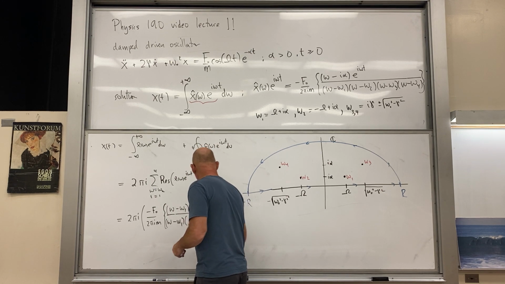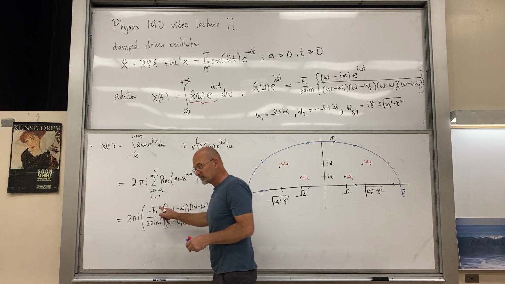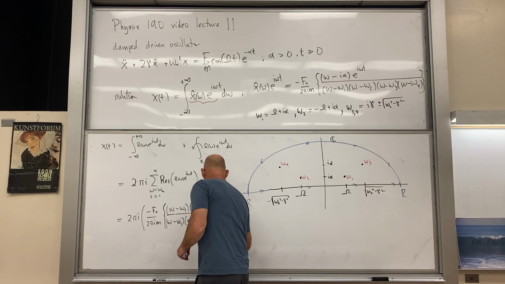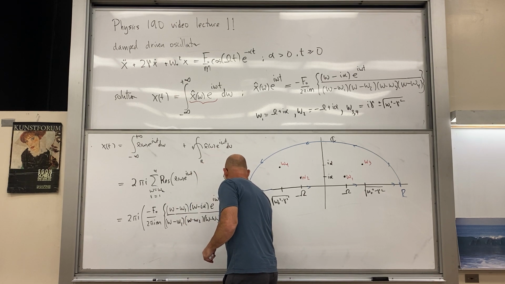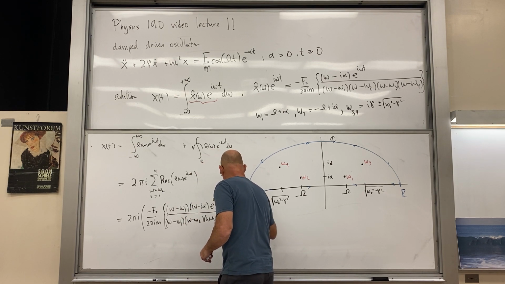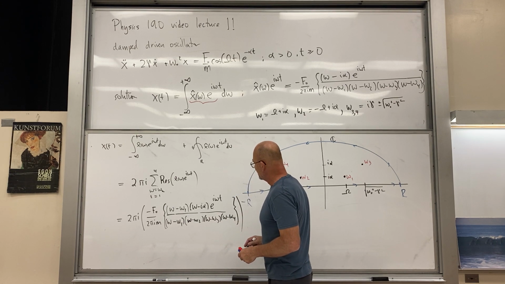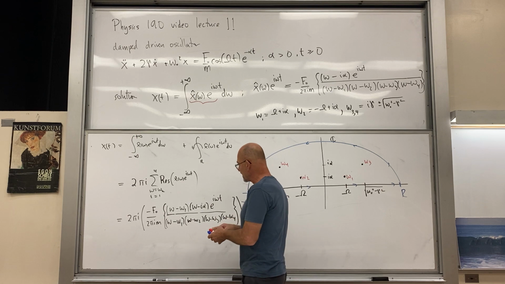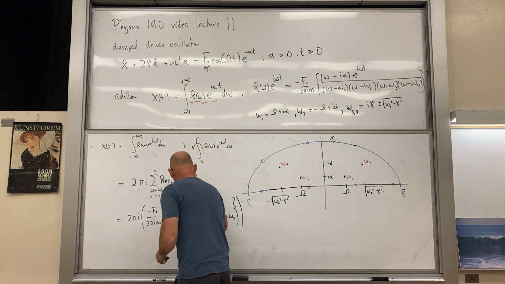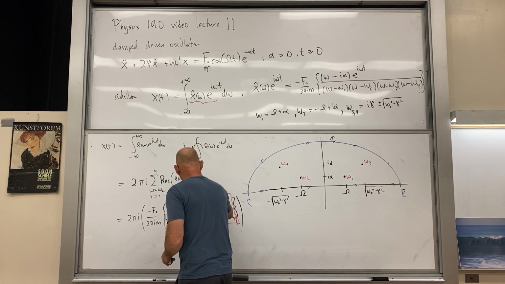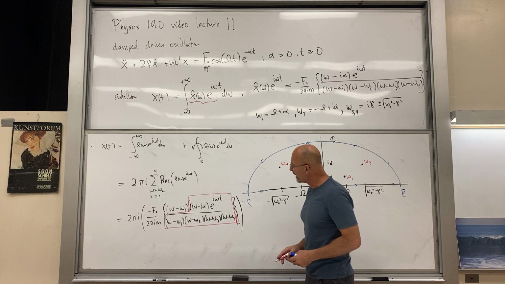So I'm just writing the entire thing down with this. I'm going to put this in some little red bracket or something. Omega minus omega 2, omega minus omega 3, omega minus omega 4. Okay, so what I've done is I've multiplied this part here by omega minus omega 1.